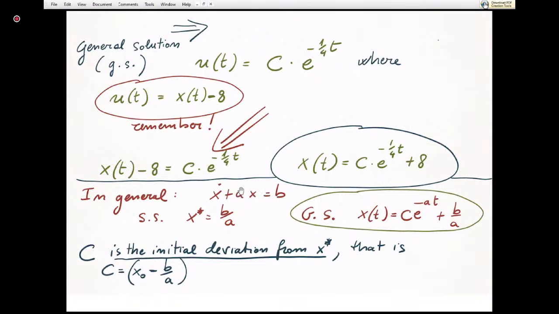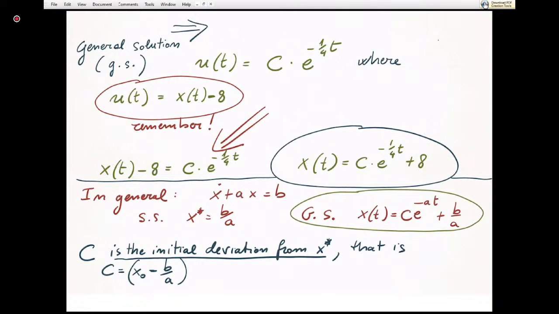So a is the coefficient of x on the left-hand side when we write the equation in this way, and b is the constant on the right-hand side, okay? This quantity b over a is the steady-state solution to the equation, x star equal to b over a. And the coefficient that multiplies the t at the exponent is minus a, where a is this coefficient.